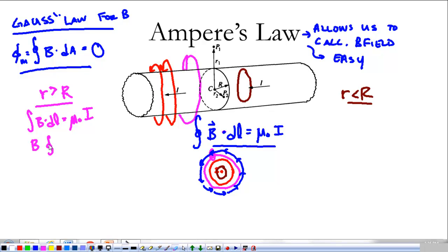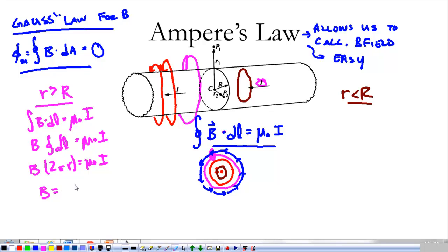The line integral across my Amperian loop is equal to mu0 times the enclosed current, which is just I in this case. As we take that line integral, it's 2 pi times the radius of my Amperian loop, and that's equal to mu0 times the enclosed current of I.